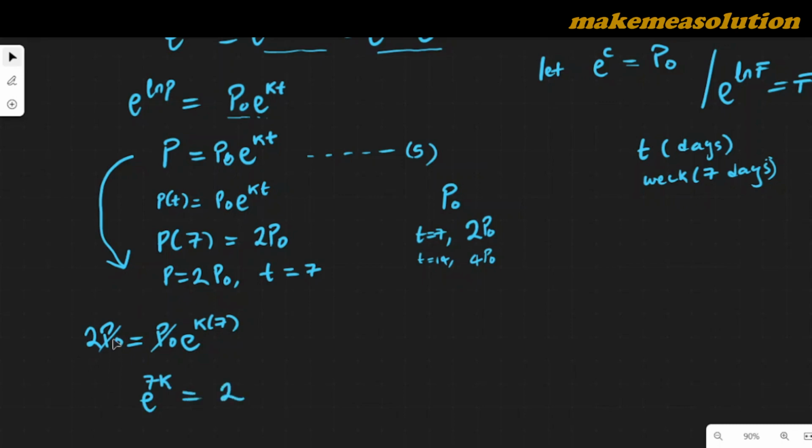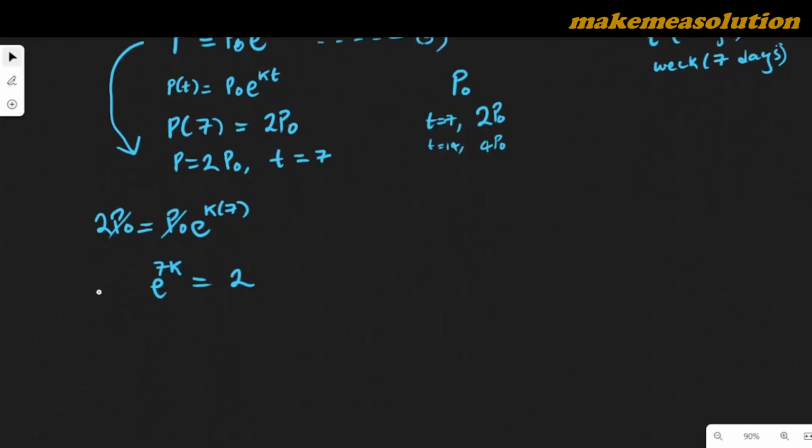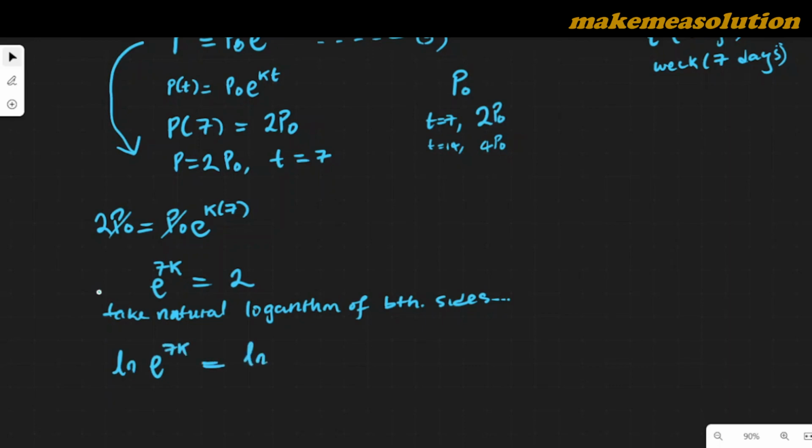Now take the natural logarithm of both sides. Taking the natural logarithm of both sides means ln exponential 7k is equal to ln 2, and there is an identity that ln exponential f is equal to f, just like we saw that exponential ln f is equal to f.